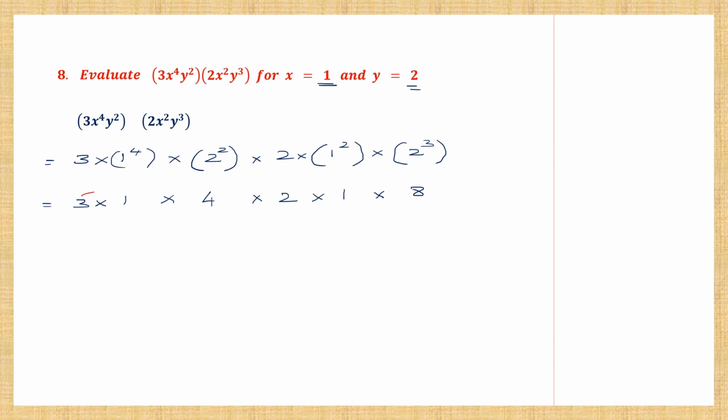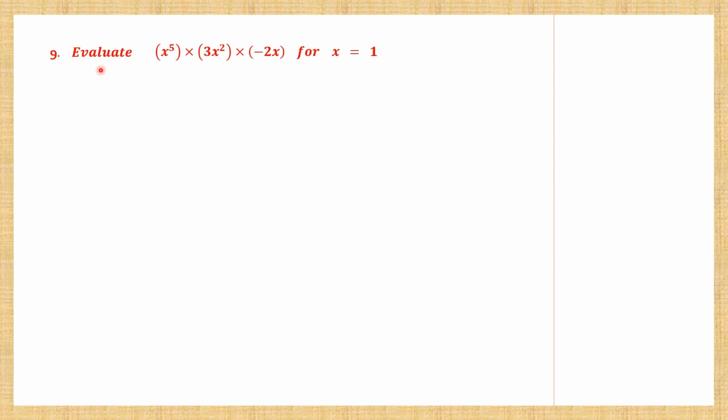We can just go ahead. 3 1s are 3, 3 4s are 12, 12 2s are 24, 24 1s are 24, 24 into 8 is 192. So we've got our answer, 192.